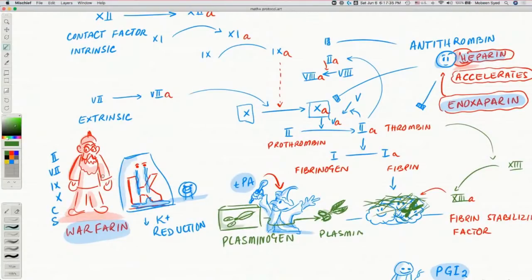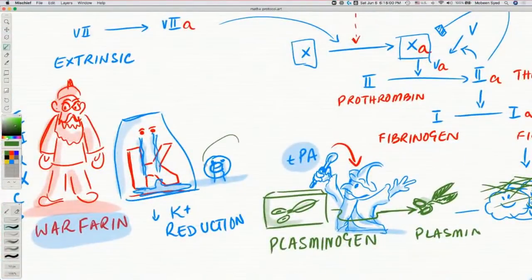Remember that reduction means gain of an electron. So potassium is reduced to get an electron, then potassium is used for the clotting factors. So warfarin reduces or blocks the reduction of potassium. Here, if you see, there is an electron sitting here and it is crying.